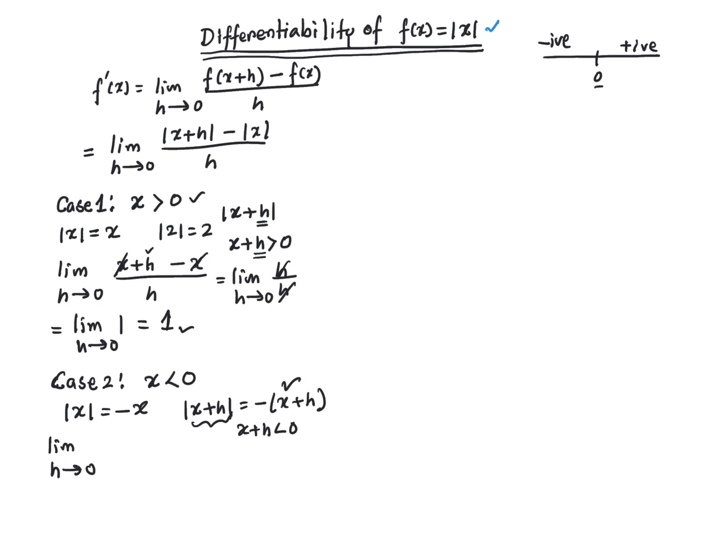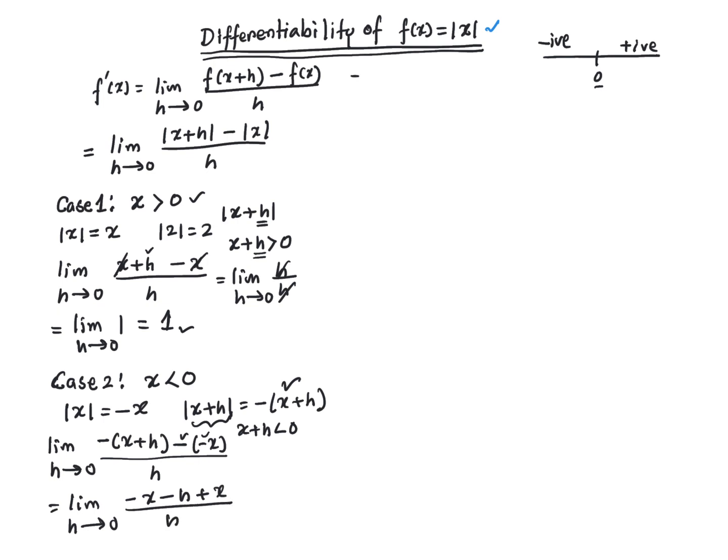So this becomes negative of x plus h, minus negative x, all of it divided by h. In essence, this becomes the limit as h approaches 0 of negative x minus h, and negative and negative makes positive x, divided by h.